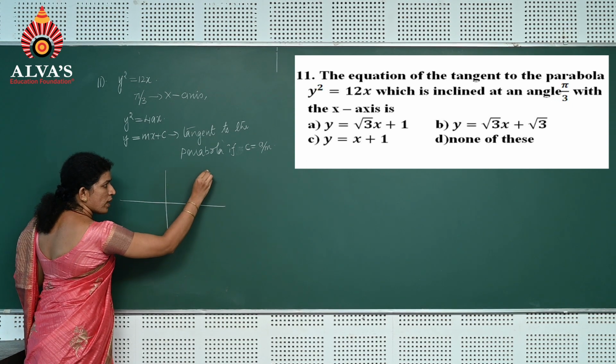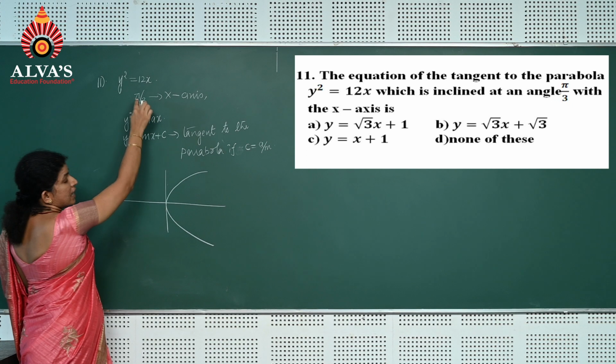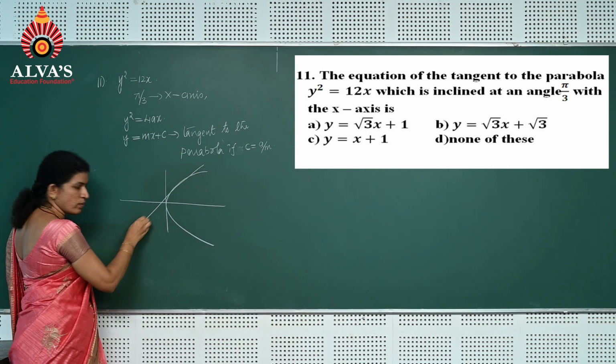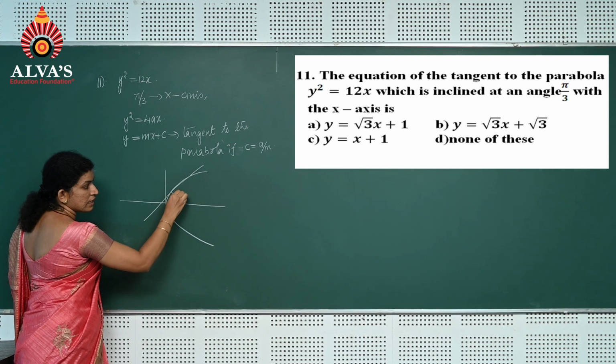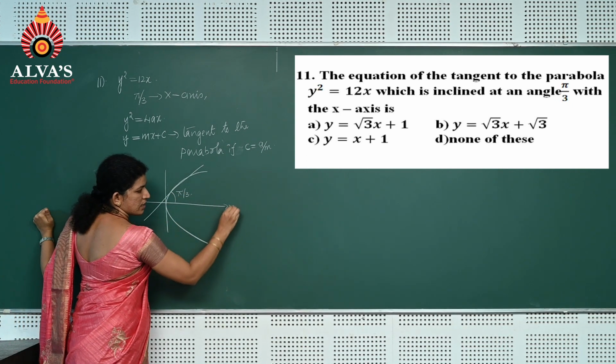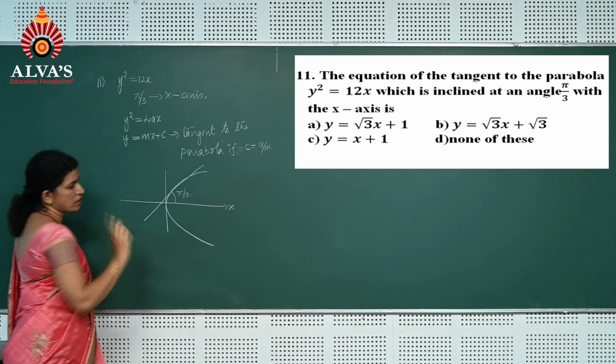We know y² = 12x comes like this. A tangent is drawn such that the tangent makes an angle pi by 3 with the x-axis. We want the equation of such a tangent.